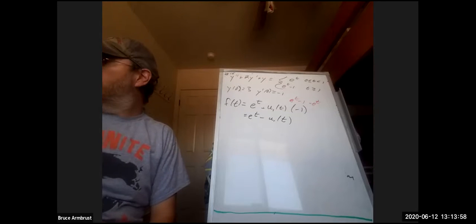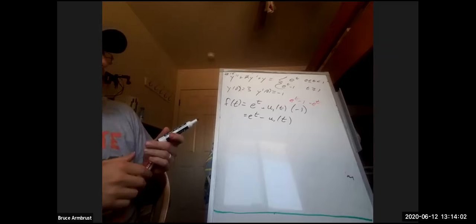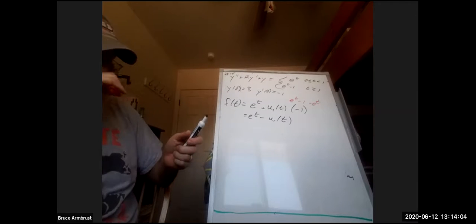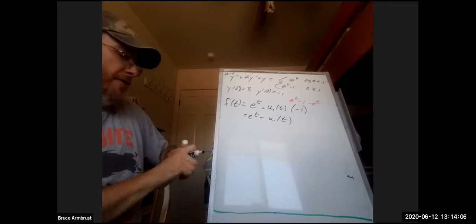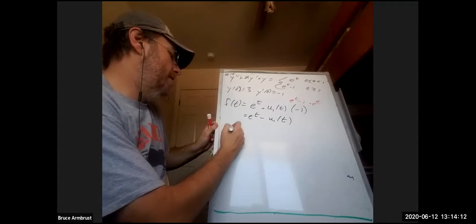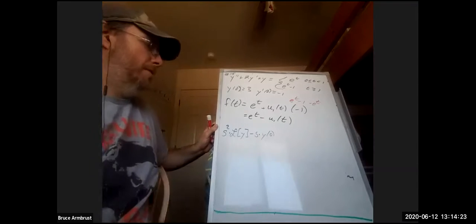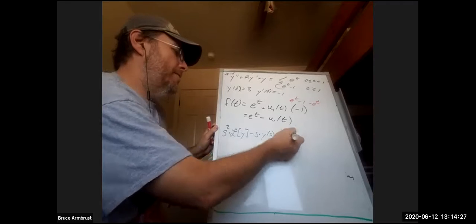So we'll do Laplace transforms of each side. If we start with the second derivative, the Laplace transform of the second derivative is going to give us s squared times the Laplace transform of y, minus s times y of 0, minus y prime of 0.